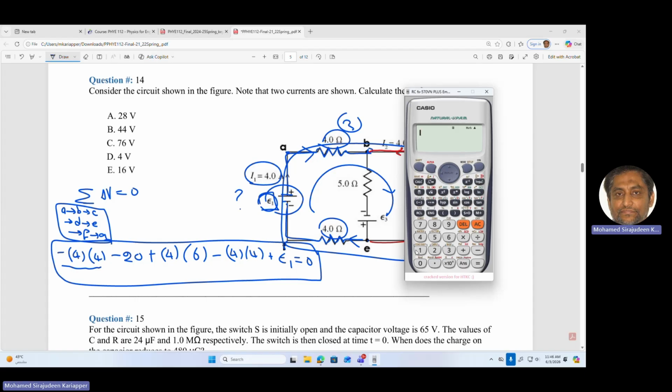So 4 into 4 is 16, you can minus 16 and minus 20 and plus 24, right? 6 into 4 is 24, and minus 16 again and plus the X, the unknown, and equal sign. Oops, what did I do? Alpha equal 0 and shift calc, okay, 28.